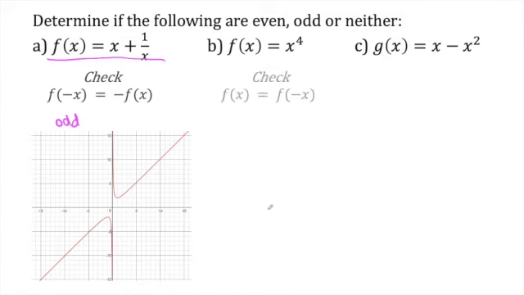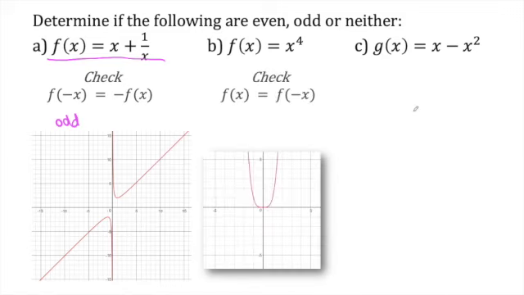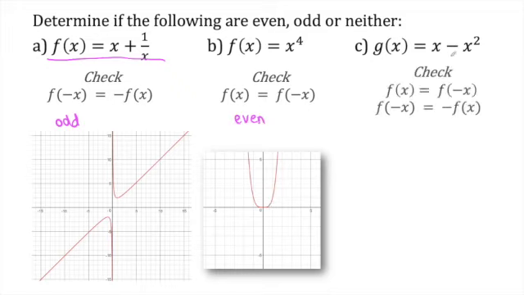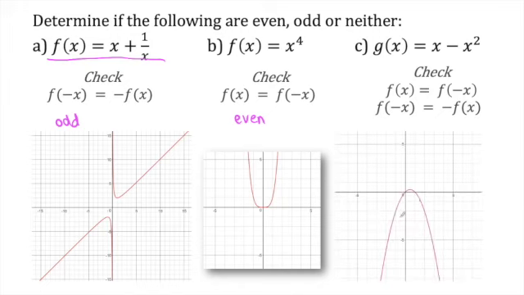Okay, this one here, you're checking if f of x equals f of negative x. It is the same on either side, so it is an even function. Okay, and then if you check this one, you can check both of them. Both of them do not work because you do not have any symmetry about your origin or your y-axis. So this one is neither.